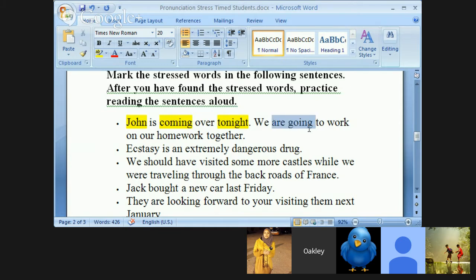Are going to, this is actually a verb form. We're actually using our going to form, simple future tense. So these are actually used as helper verbs, auxiliary verbs. We're using them to create a future tense with our main verb, which is work. Yeah, you got it.